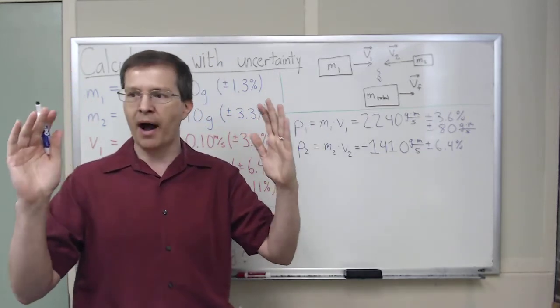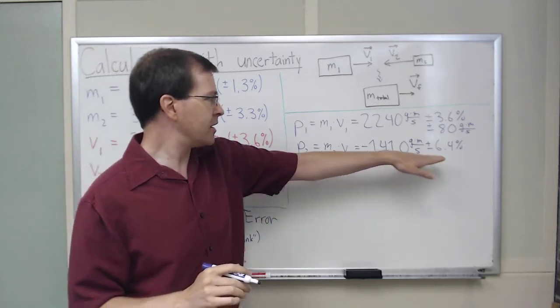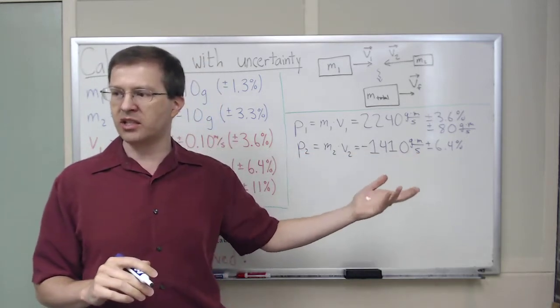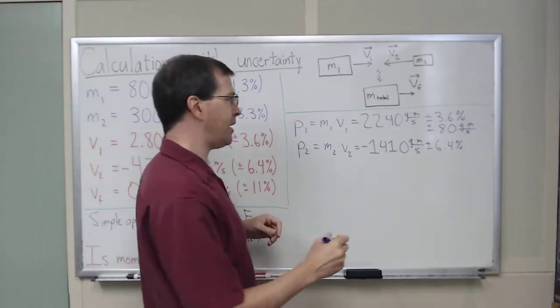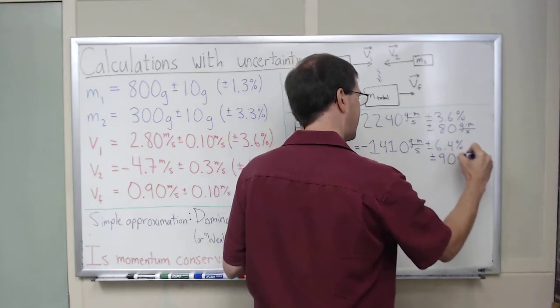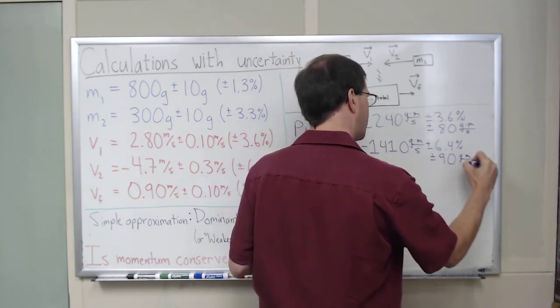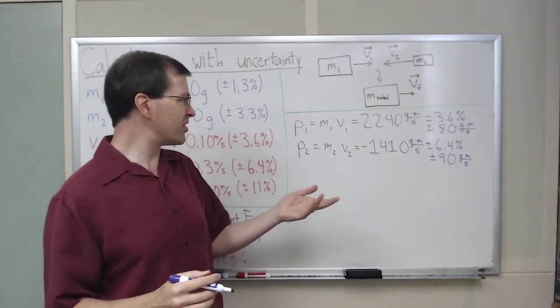Uncertainty is always positive. So multiplying the absolute value 1410 times 0.064, I will get that this is equivalent to plus or minus 90 gram meters per second. Those are my uncertainties there.